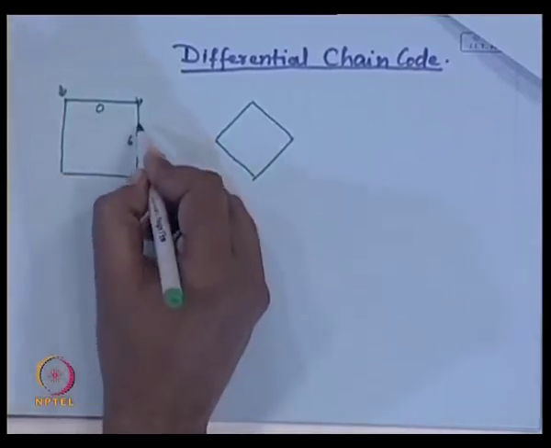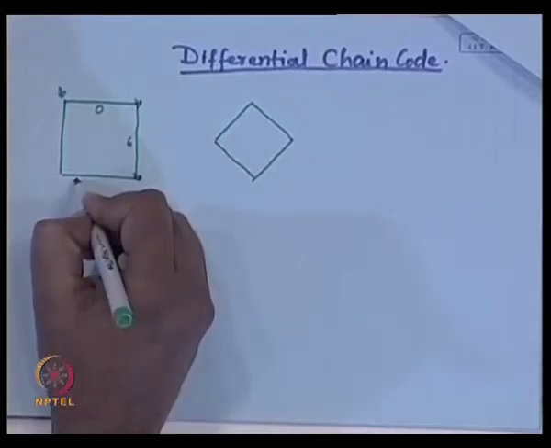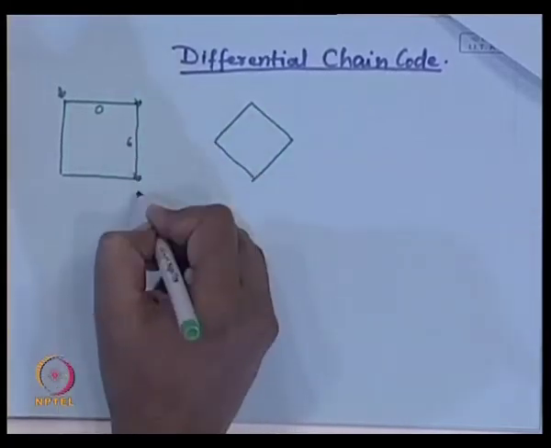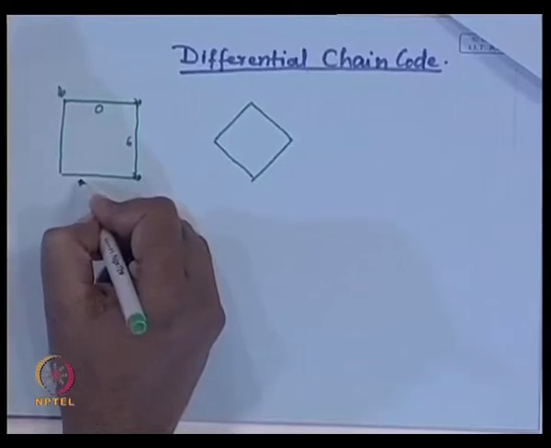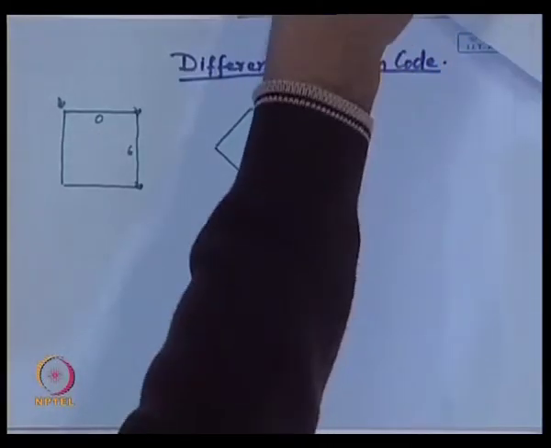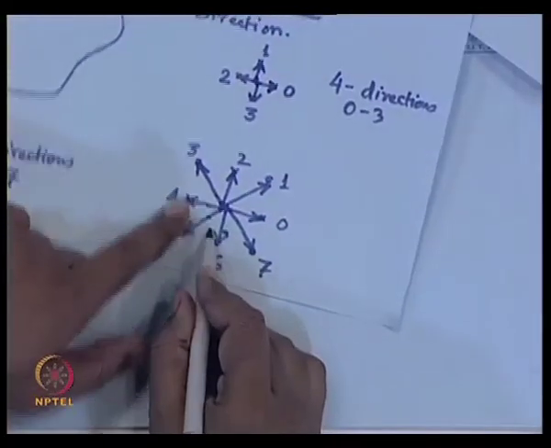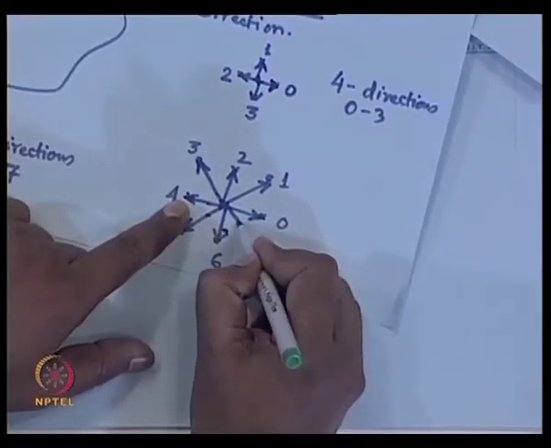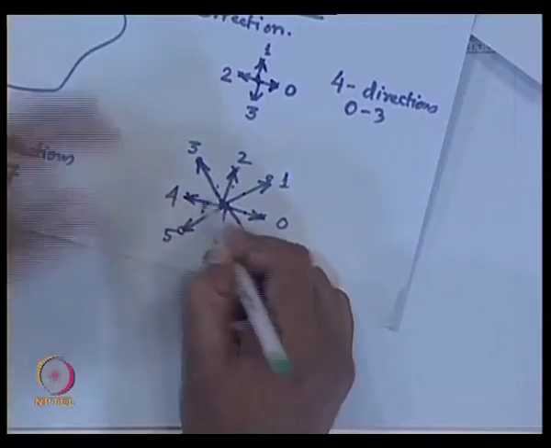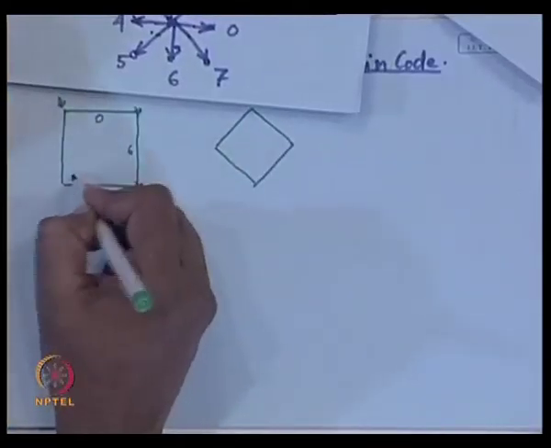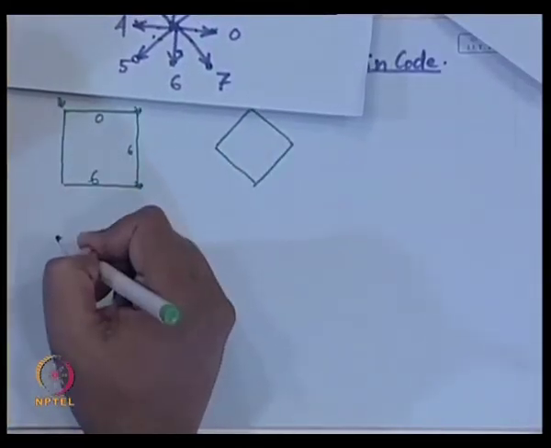Now, when I move from this to this, this was originally 6 and this is originally 4. So, how many such rotational steps do I have to perform? Number of steps will be 1, 2, 3, 4, 5, 6 again. So, this also becomes 6.